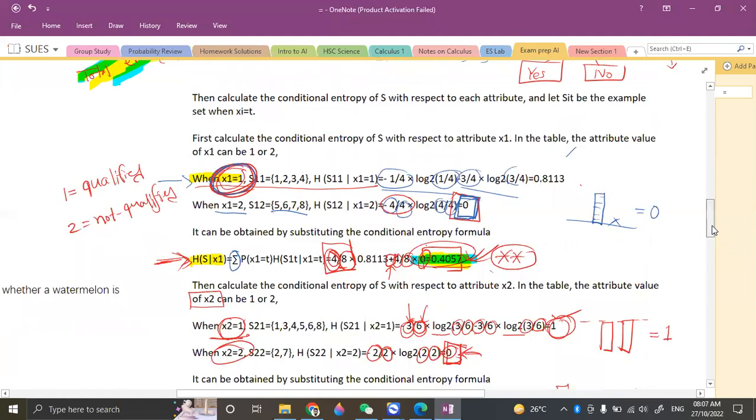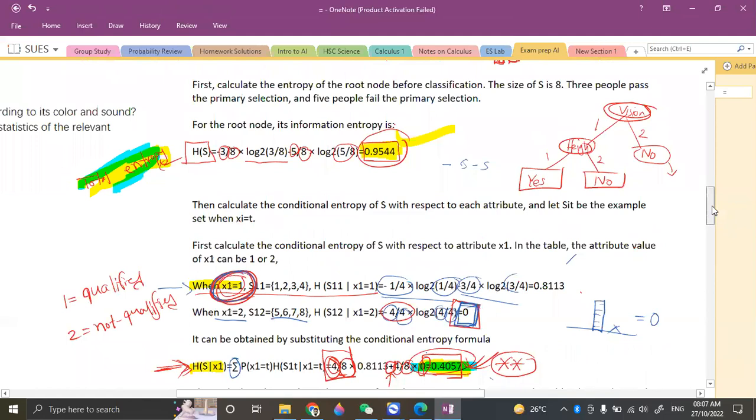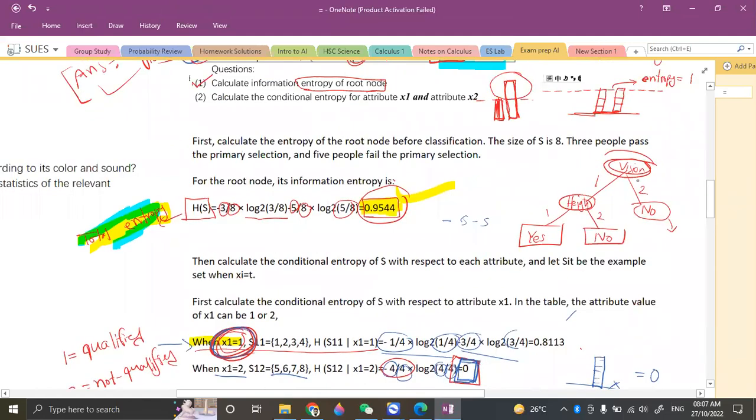So we write down x1, that means vision, in the first place, in the root. If this is a tree, this is the root, and then we try to split it. If vision is qualified, then we go to another attribute, that is height. Then we check whether height is qualified or not. Then we find the decision. And in the other case, we have vision is not qualified.